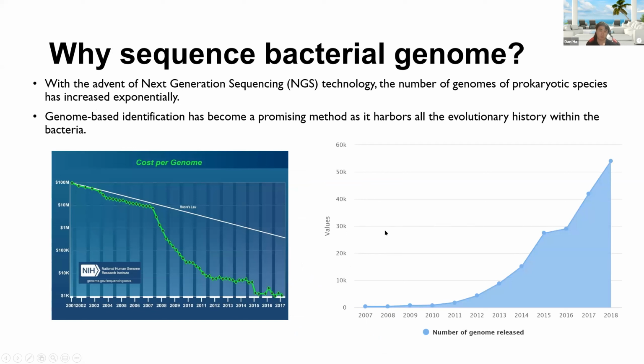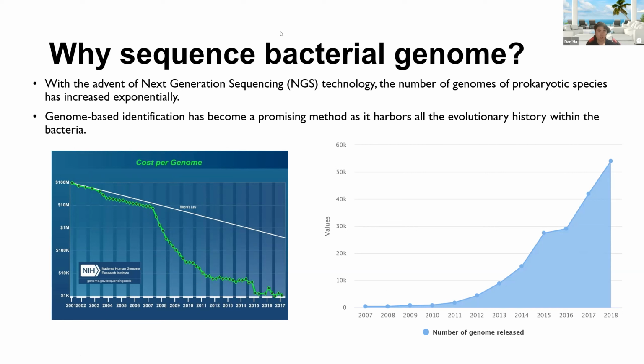So why do we sequence bacterial genomes? The advancement of sequencing technology has significantly increased the number of genomes in the public database. As technology advanced, the price dropped significantly. Right now it only costs a few hundred dollars to sequence a bacterial genome, depending on the size of the genome.